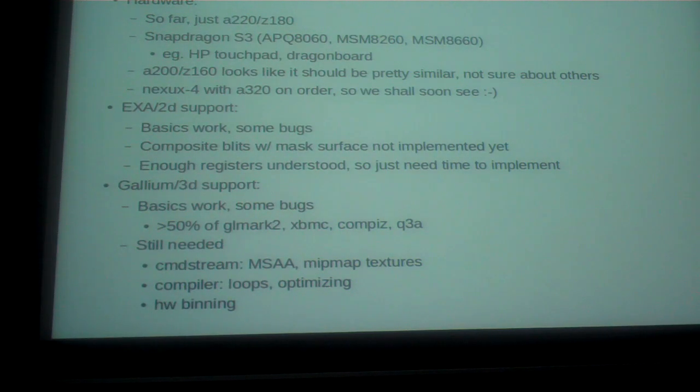Some of the earlier stuff, like the A200 and Z160 in the Freescale i.MX5, looks like it should be pretty similar. The kernel driver's register bit fields and names are actually from the A200, not the A220, but so far I've only found a few places where it disagrees with what the A220 actually is.